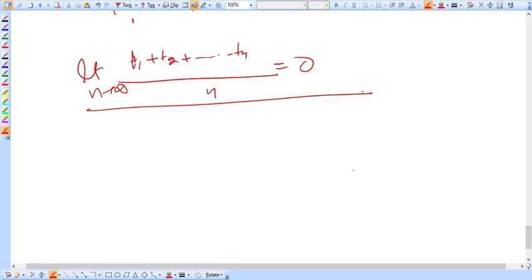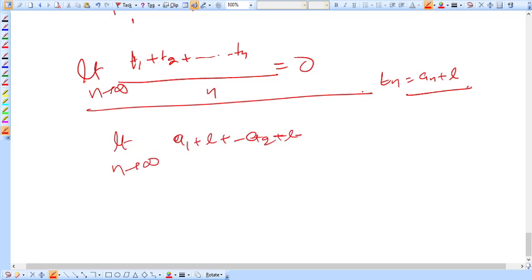So what is tn? Tn is nothing but an plus l, right? If you substitute back this value, we get a1 plus l, a2 plus l up to so on an plus l divided by n, equal to 0.